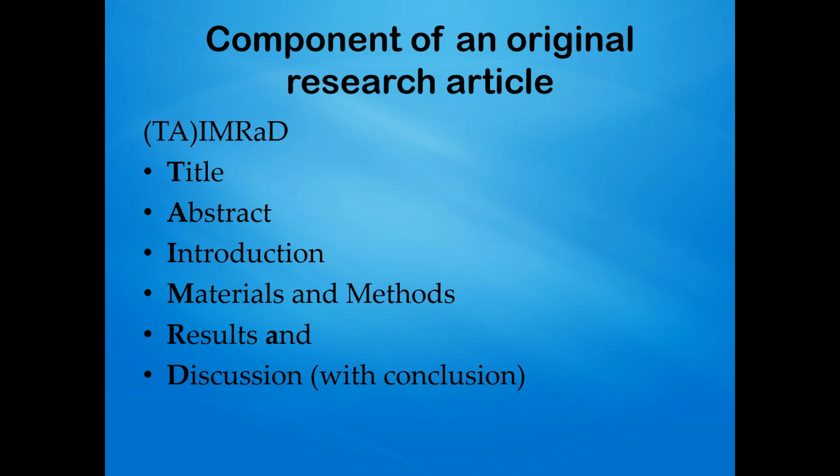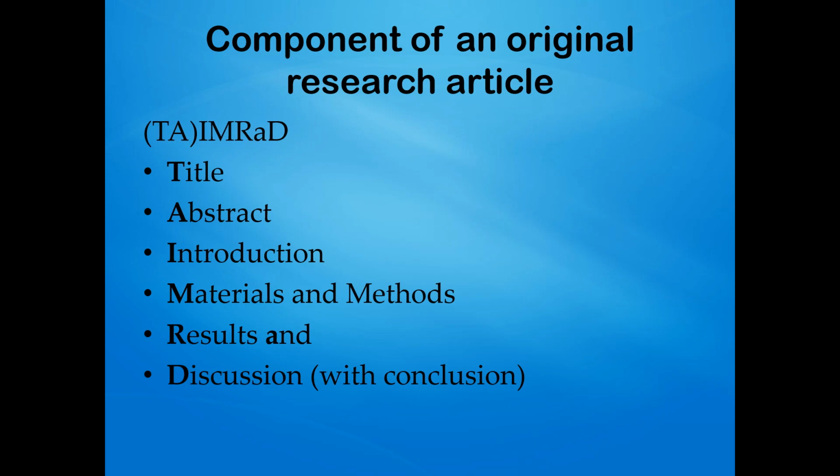So now that you know the difference between a journal, a publisher, and a search engine, and the different types of articles, we want to introduce you to the essential components of an original research article. It can be summarized in a short form called IMRAD.